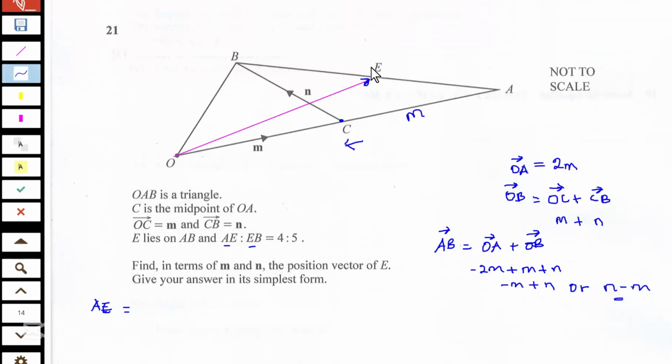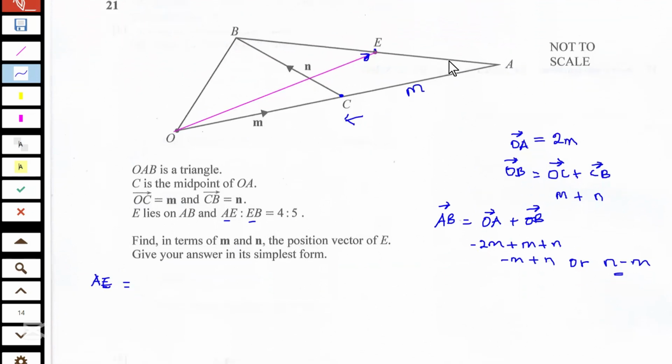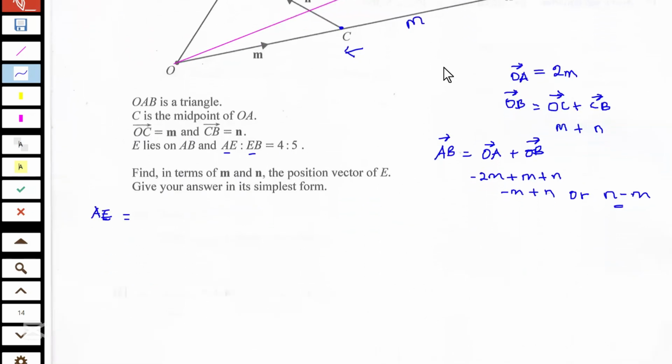AE is 4 out of 9 of the whole length AB. It's 4 over 9, not 4 over 5, 4 over 9 of AB.